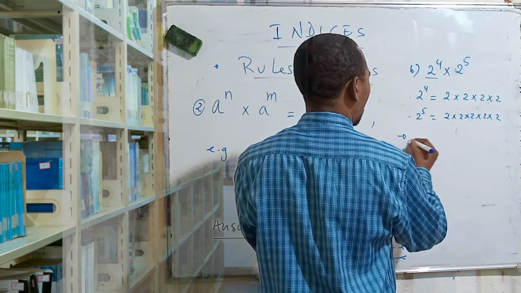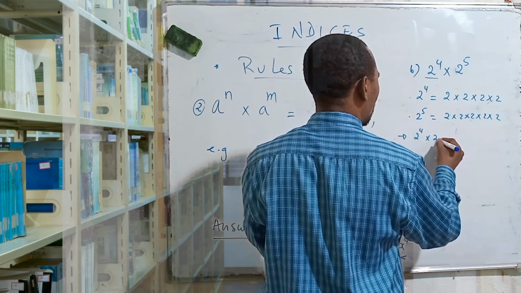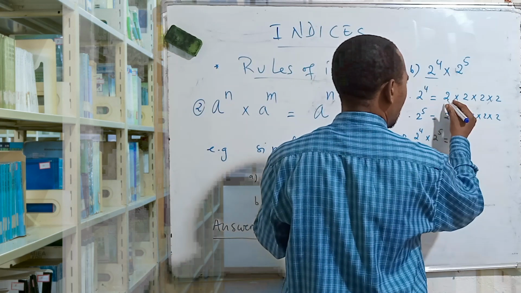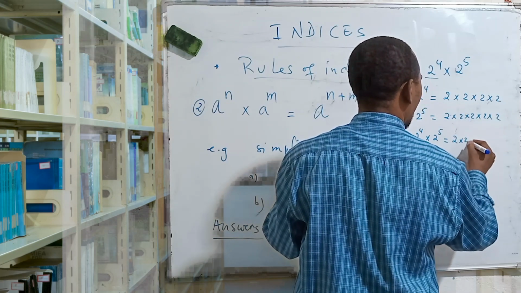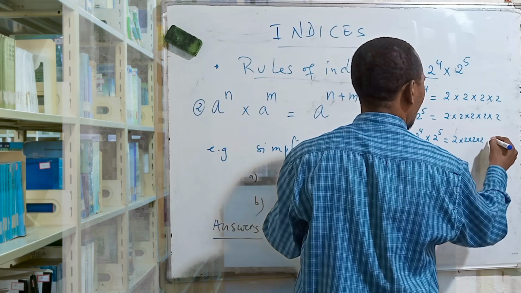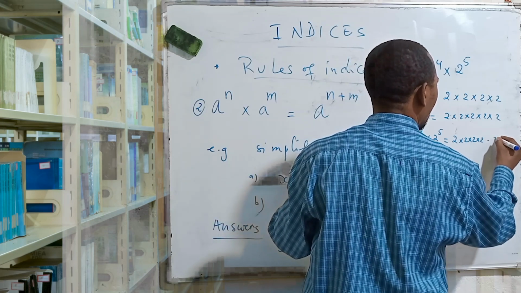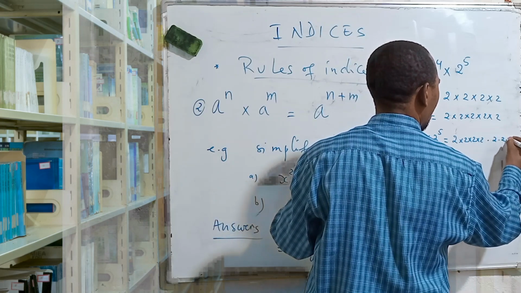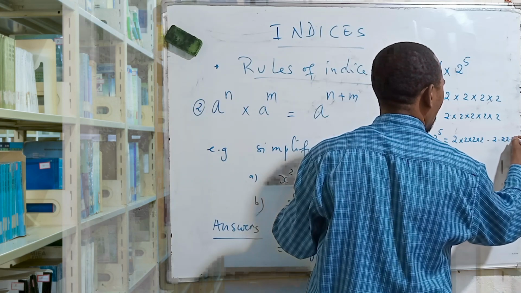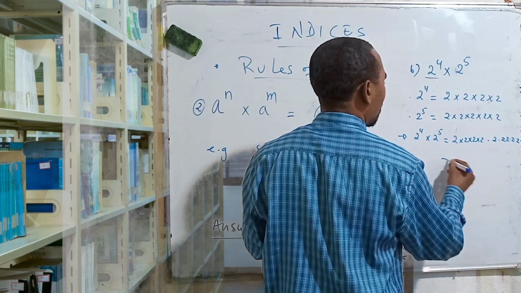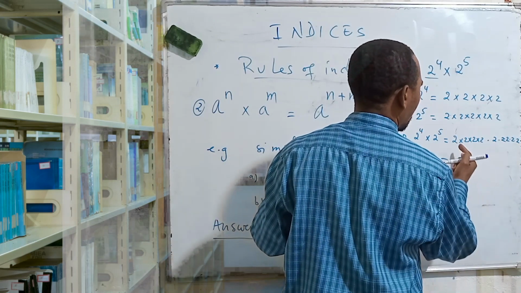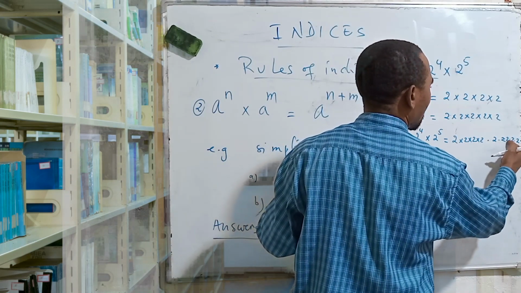When you combine them, 2 power 4 times 2 power 5, it will be 2 four times and 2 five times. When you count the total, it is 1, 2, 3, 4, 5, 6, 7, 8, 9.